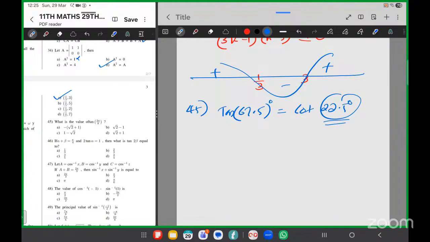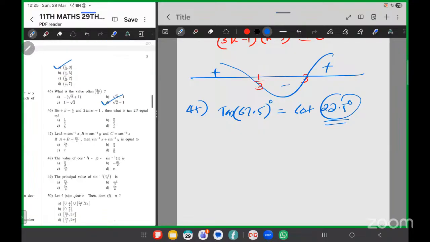Question number 46. Alpha plus beta equal to pi by 4, tan alpha equal to 1 by 2. Then what is the value of tan 2 beta?